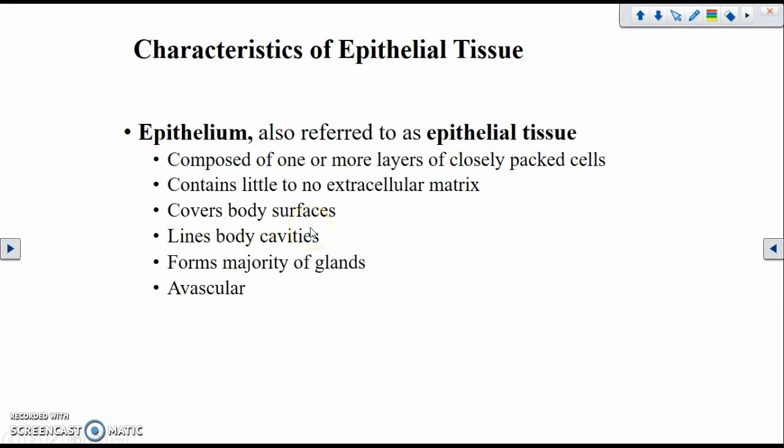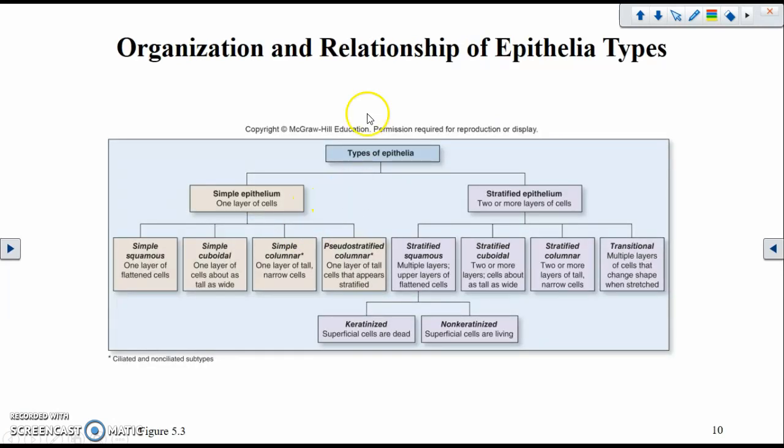This is how you name epithelial types. Again, simple, one layer, stratified, two or more layers. Squamous means flat, cuboidal obviously means cube, columnar means tall. There is a type of tissue which is quite interesting because it can go from cuboidal all the way to squamous, and that's in the bladder.